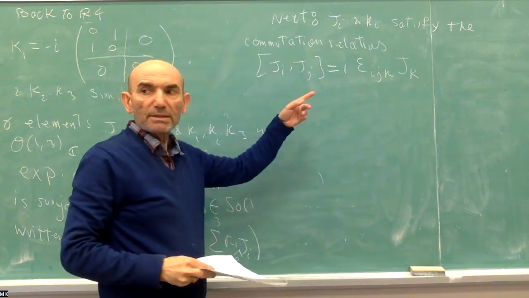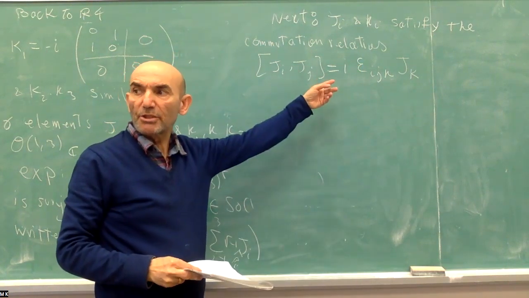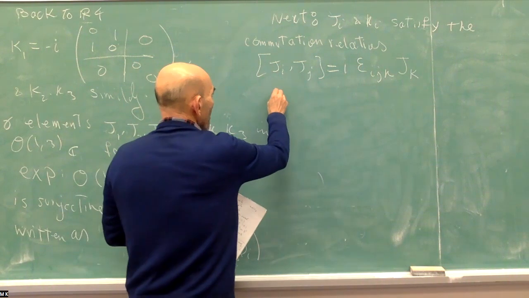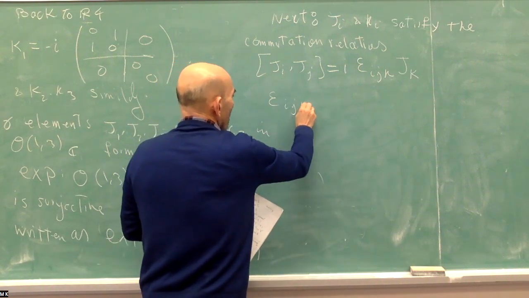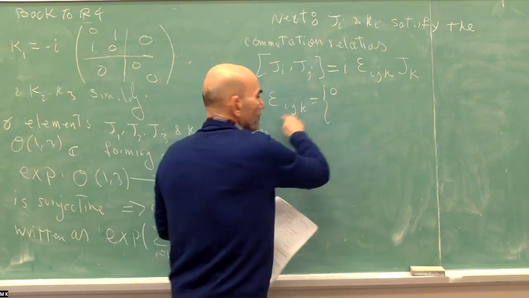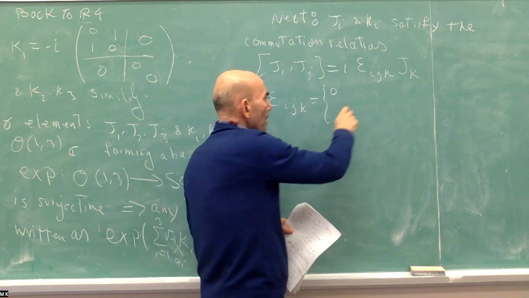Now, what is this tensor epsilon ijk? Summation is understood. So epsilon ijk is equal to 0 if two of the indices are the same.